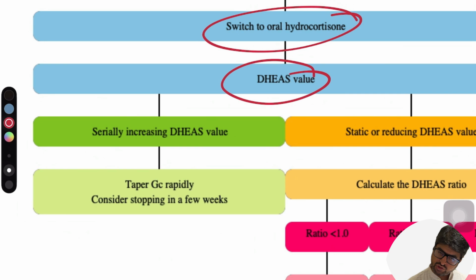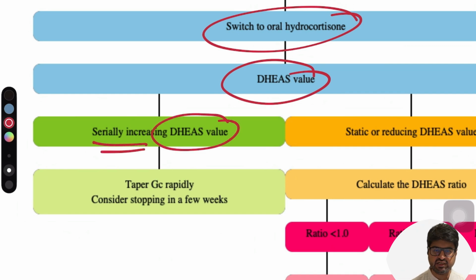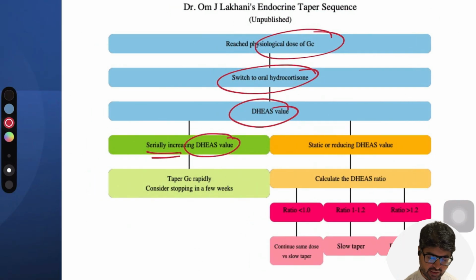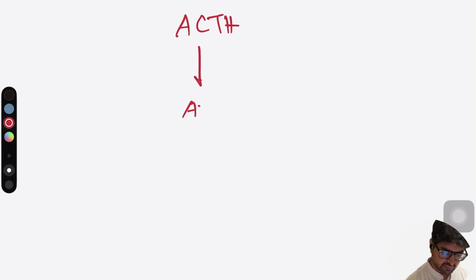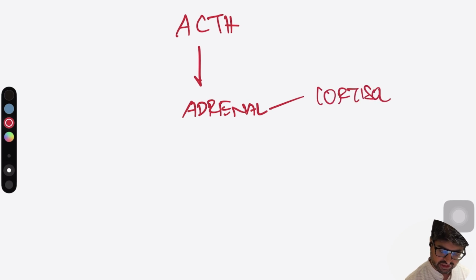All my patients on steroids, when they are sent to me for tapering, I monitor using the DHEAS, serially seeing the DHEAS value. Now, if the DHEAS value has been serially increasing, remember this point. Let me show you this by diagram here. The ACTH, which is produced by the pituitary gland, acts on the adrenal to produce cortisol, but it also produces DHEAS.